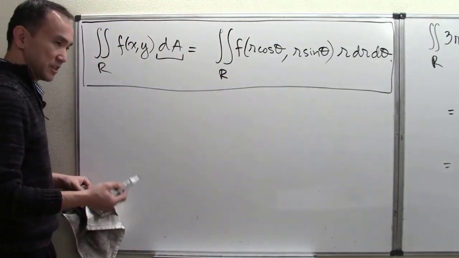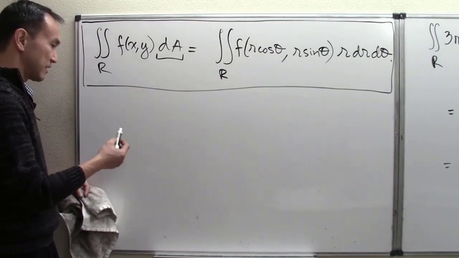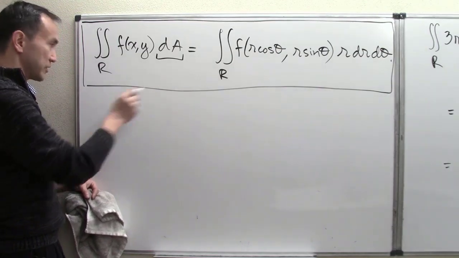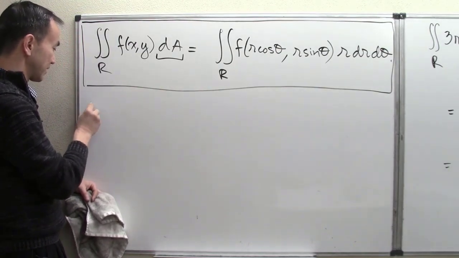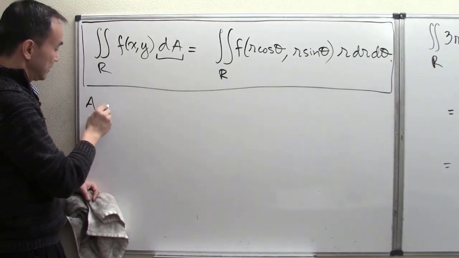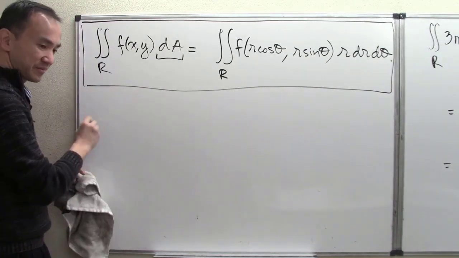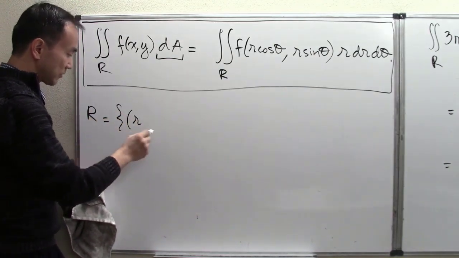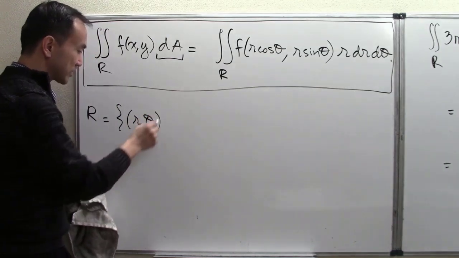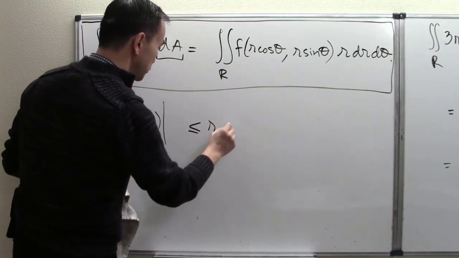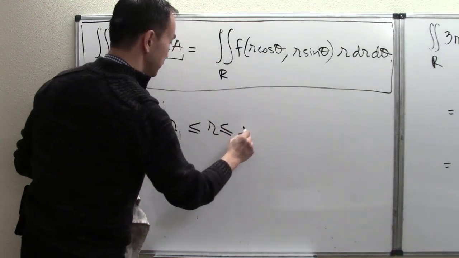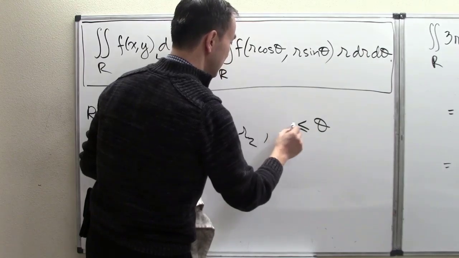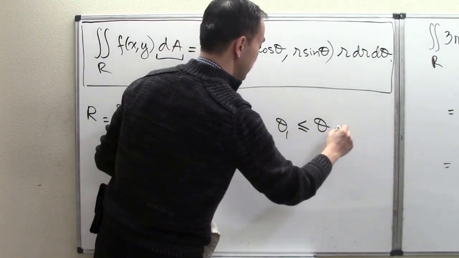And then specifically, in the case that we were looking at just now, throughout problem 1 and example 1, the description of the region R is the set of all the points expressed in polar coordinates where r is between some two constant values, some r1 and r2, and theta is also exactly in between some theta 1 and theta 2.